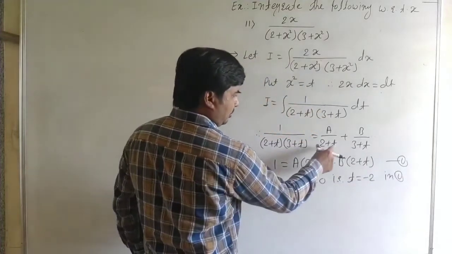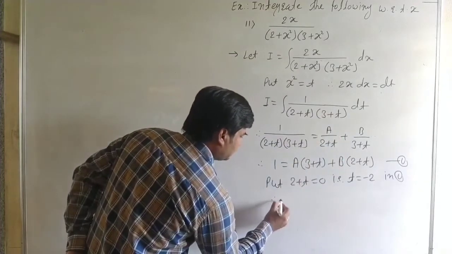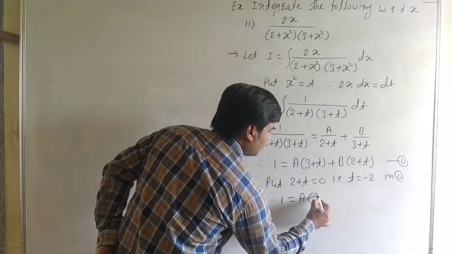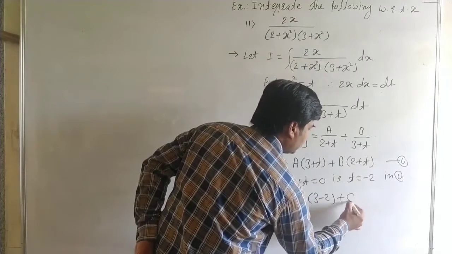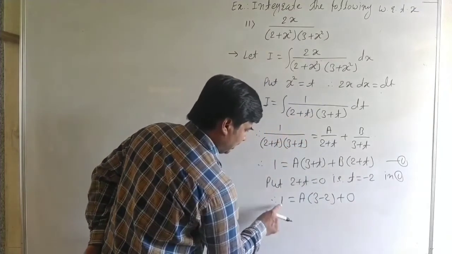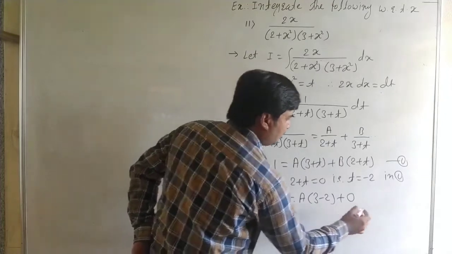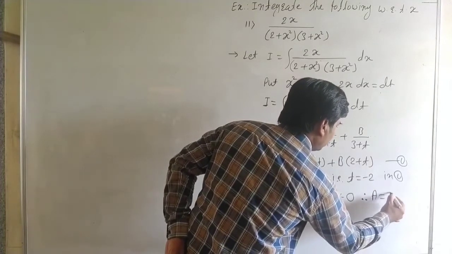When we put 2 plus t is equal to 0, we get the value of a, and therefore 1 is equal to a into (3 minus 2) plus 0, because 2 plus t is equal to 0. Therefore a is equal to 1.